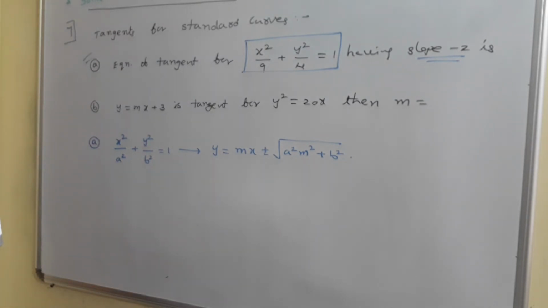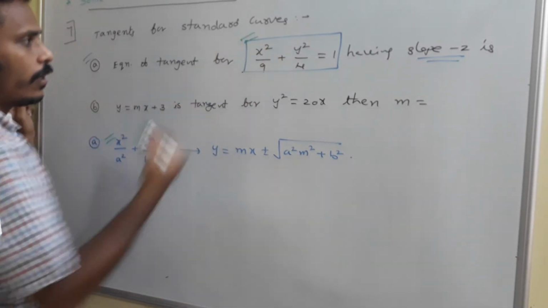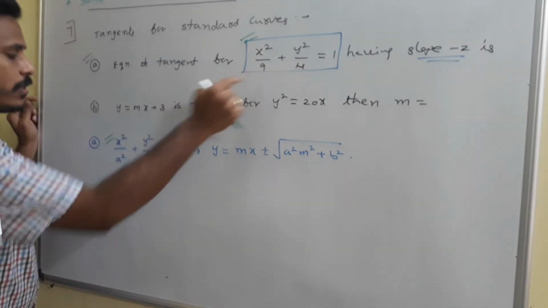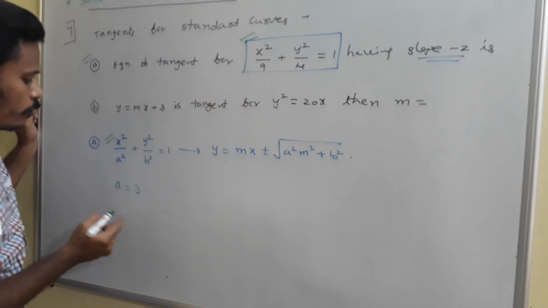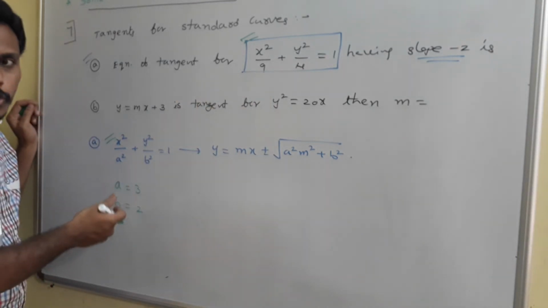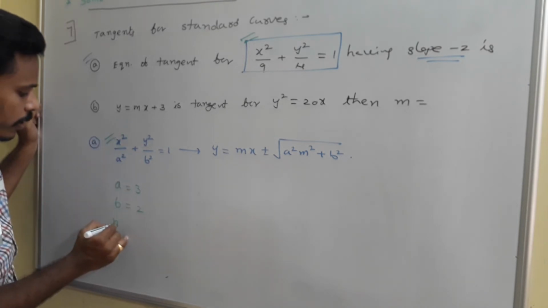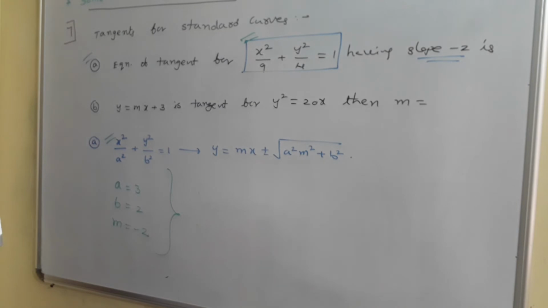Okay, and now you just compare this curve with the given curve. As a comparison, a square is 9, so value of a is 3, and b square is equals to 4, value of b is equals to 2. Usually we will consider the positive values here, and as they mentioned, the value of m is minus 2. I have a value, b value and m value.